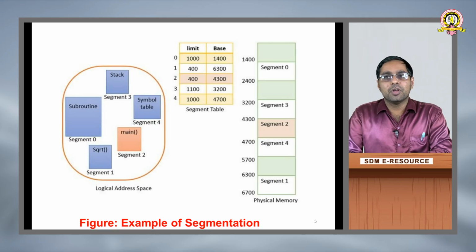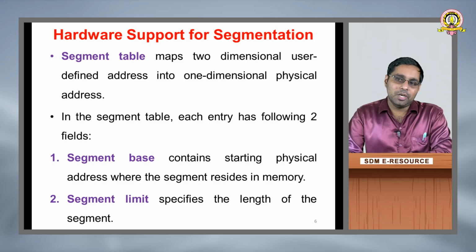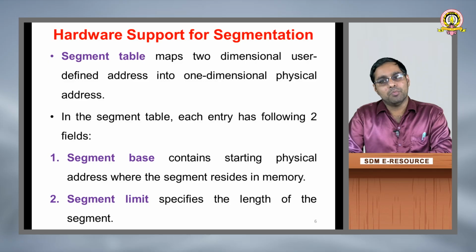So this is an example for segmentation. This is about the segment table. It is used for mapping a 2-dimensional user-defined address into a 1-dimensional physical address, and it contains many entries and each entry contains 2 fields, base and limit. Base contains the starting address of the segment in main memory and limit contains the length of the segment.